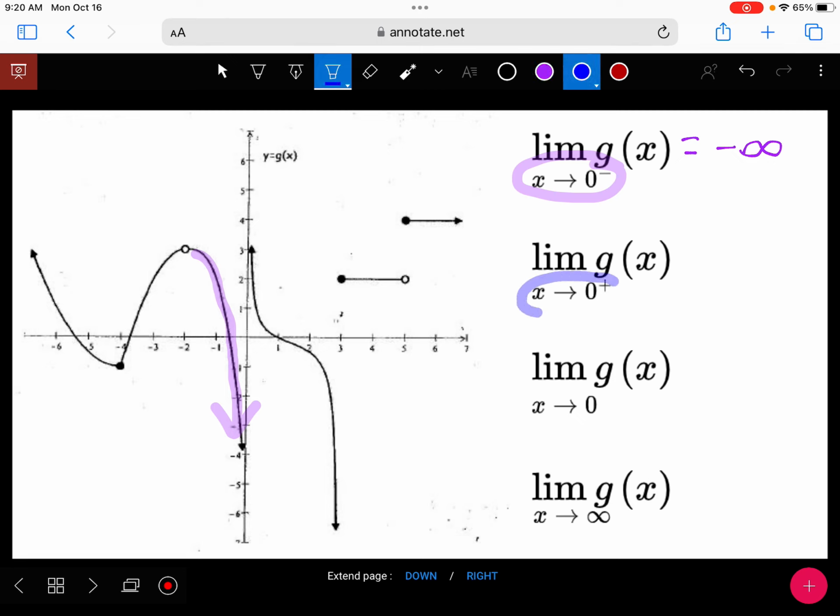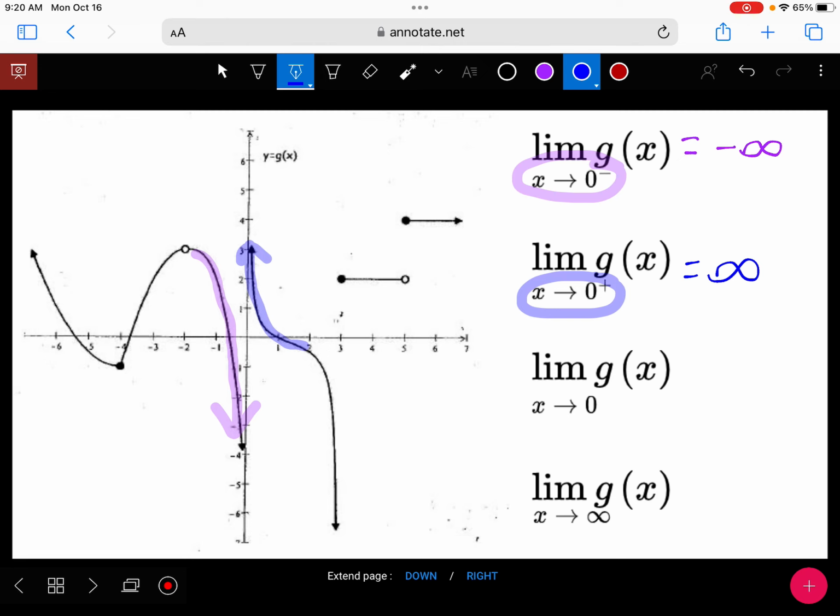On this one, we've got 0 from the right. +infinity, because it's going up. So what is the limit as x approaches 0?